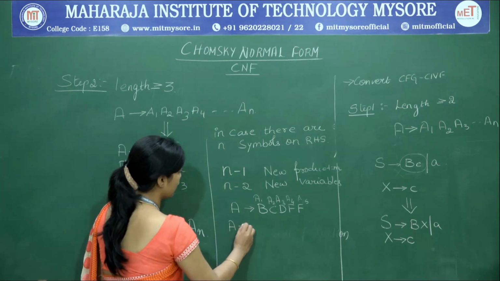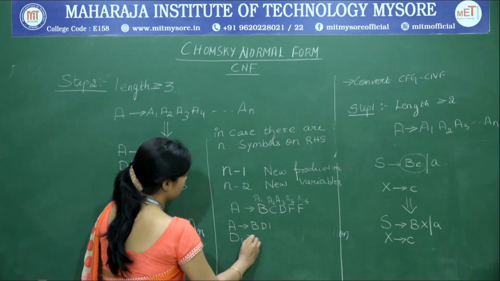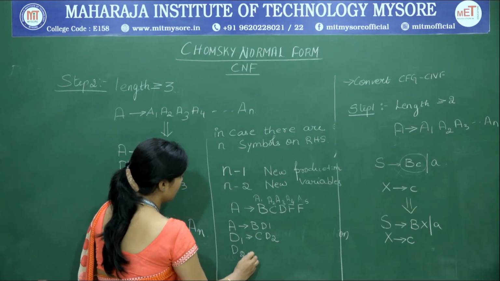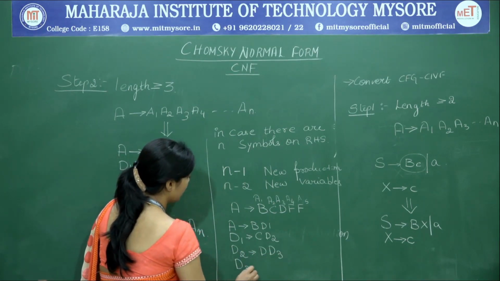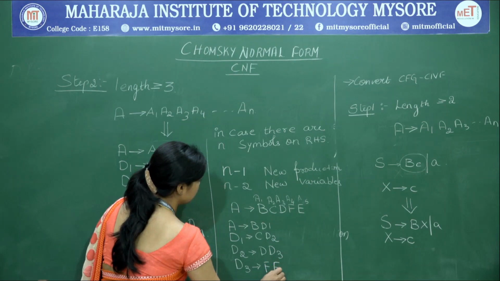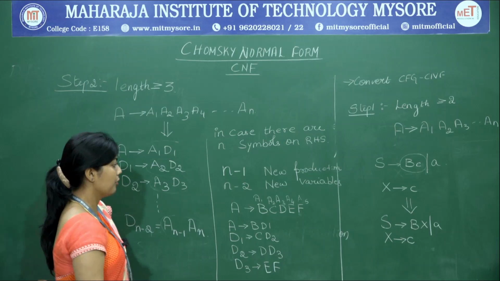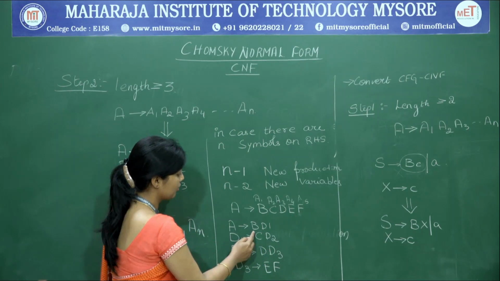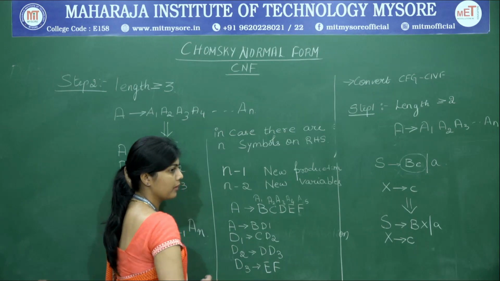So, A becomes B D1, D1 goes to C D2, D2 goes to D D3, D3 goes to E F. So, we can see that from having 5 symbols on the RHS, we have produced something that does not change the meaning, but yet has only 2 symbols on the RHS.